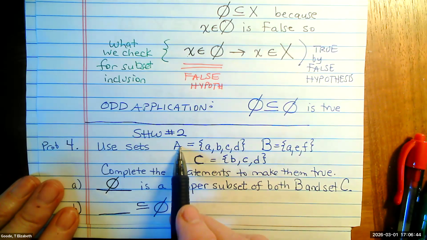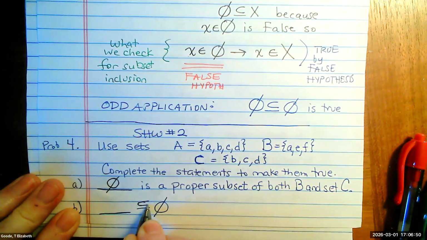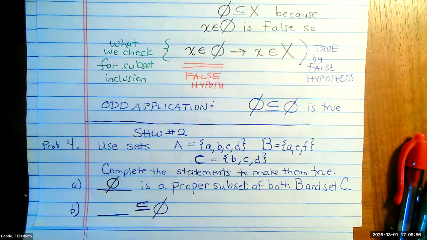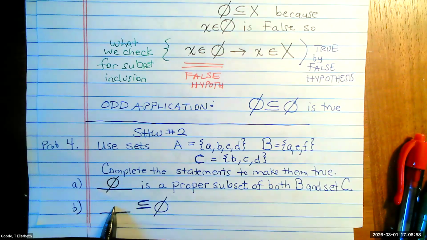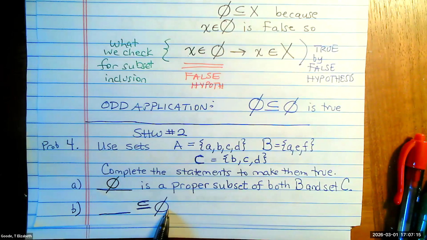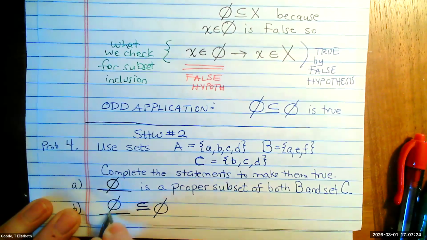That means every element in A would have to be an element of the empty set because the subset, you can think of the subset symbol as being like a less than or equal to symbol in some sense. So whatever we put here, all the elements in the set here have to be elements in the superset. But are there any elements in the empty set superset? No. So there is only one set that could possibly be a subset of the empty set. And that is the empty set itself.